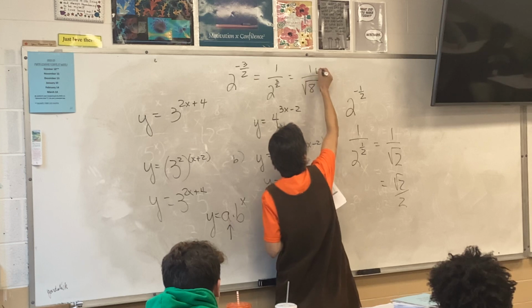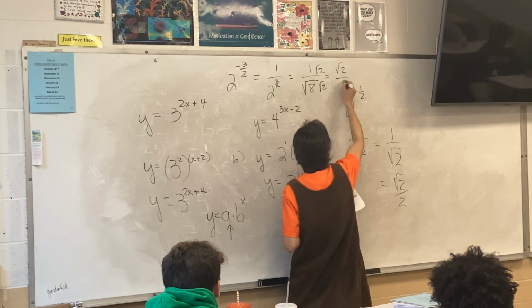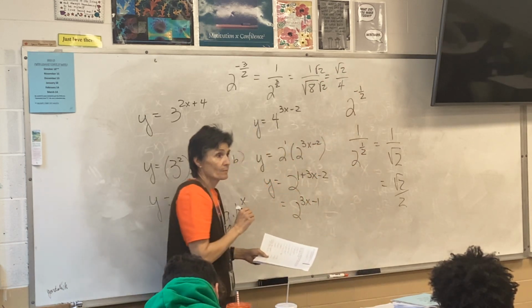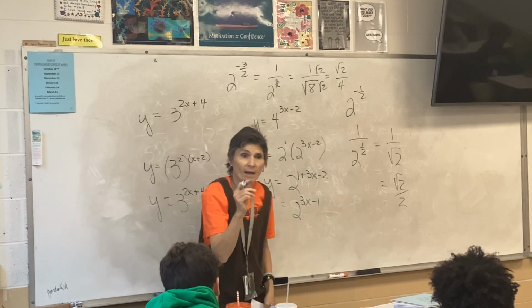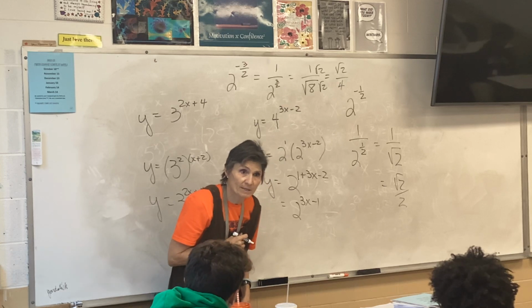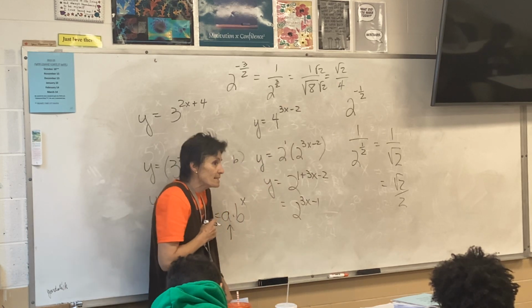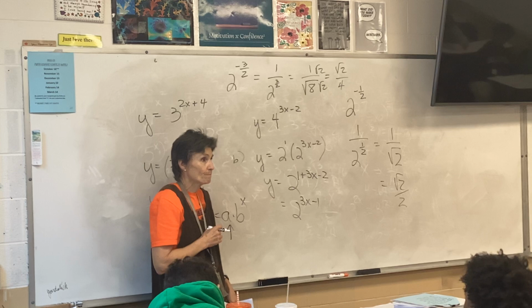Could I multiply top and bottom by square root of 2 and get the square root of 2 over 4? Yes, because what's my objective? Multiply by whatever it takes to get rid of the radical. And if I have an 8 down there, won't 2 take care of it?